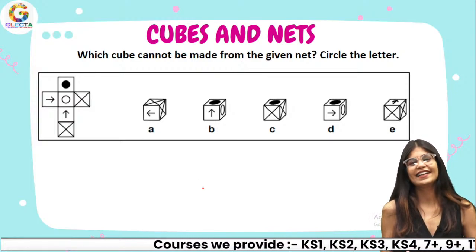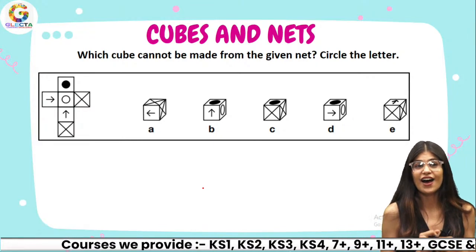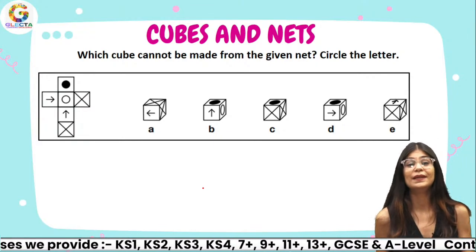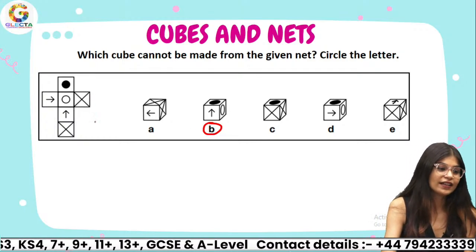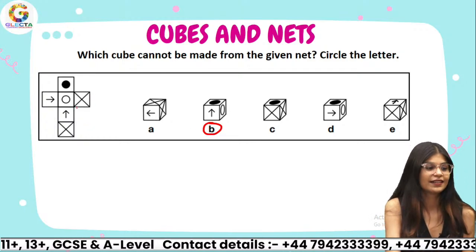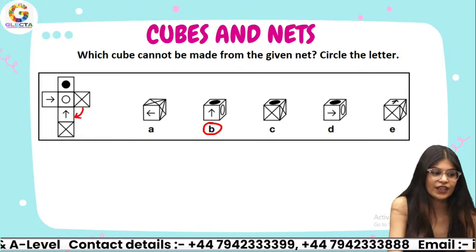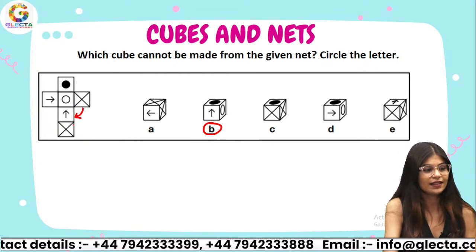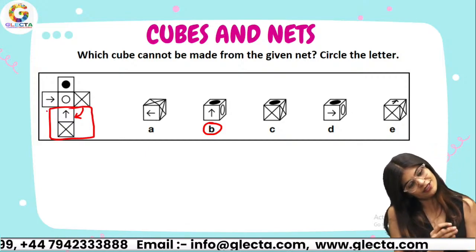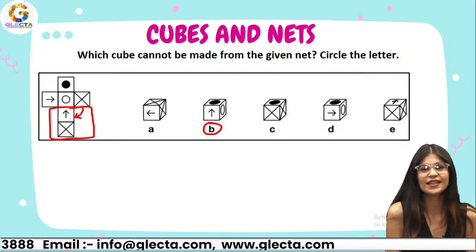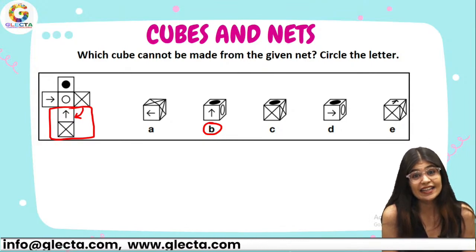So let me tell you what the answer is. The answer is actually B. First of all, for those who are saying A, imagine this coming here and then look at the net from this angle. So tilt your head like this and look into it, and you'll find your answer that it can be made.